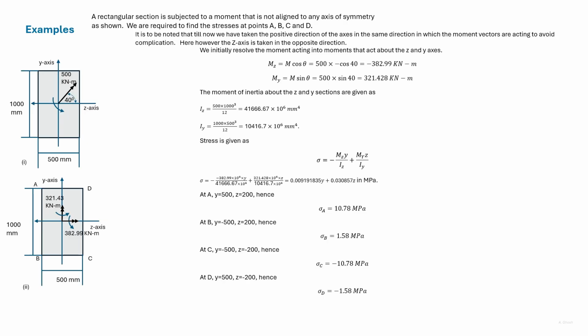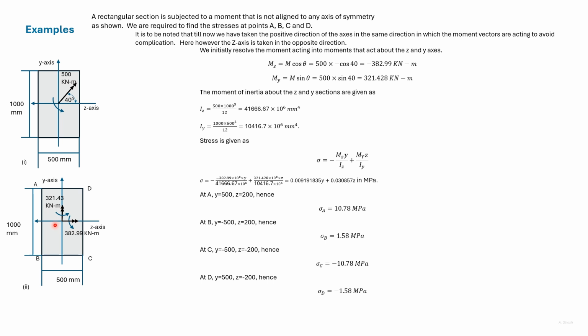Here we have a case of a rectangular beam subjected to a moment which is not aligned with any of the axes of symmetry. We resolve the moment vector along the y-axis and the z-axis as shown. Note that in the previous examples, we had taken the direction of the moment vector to align with the positive direction of the z-axis and the y-axis.